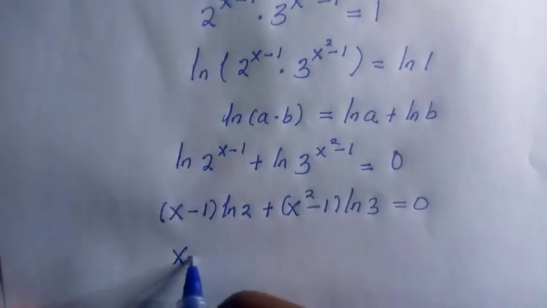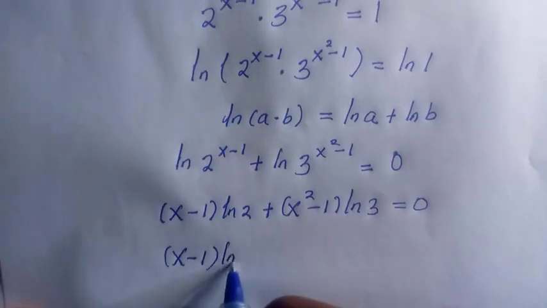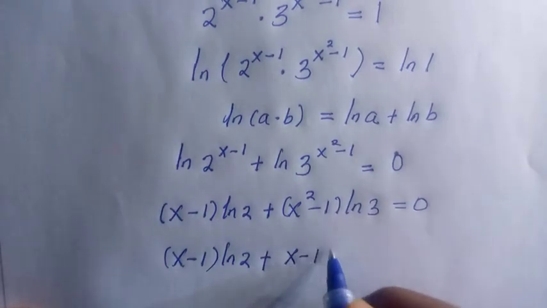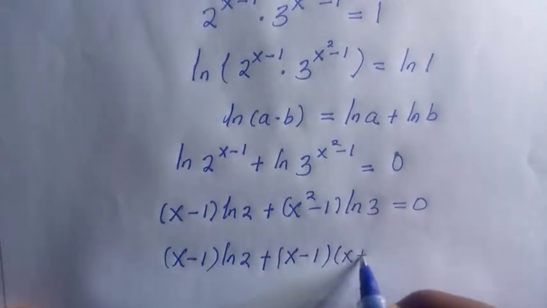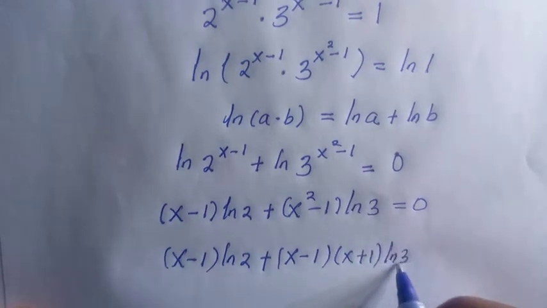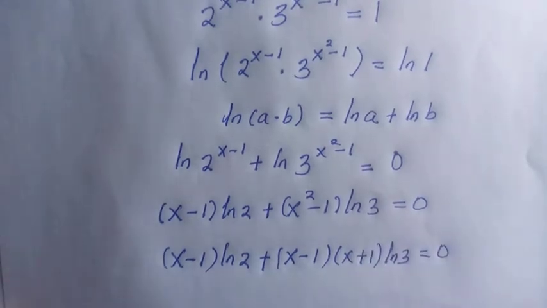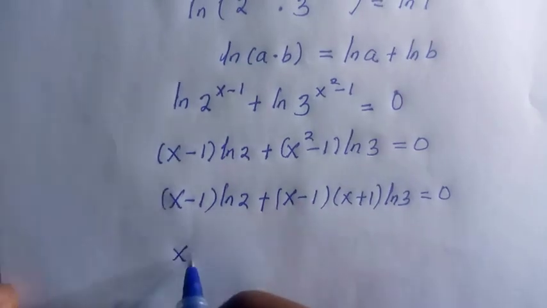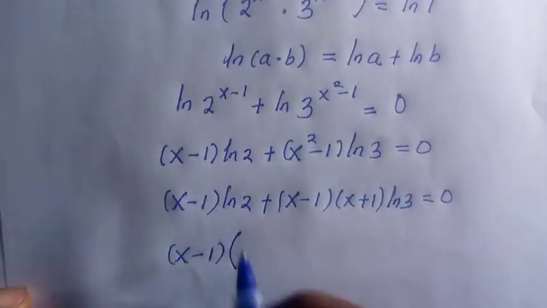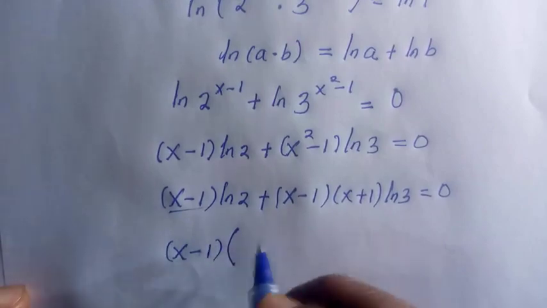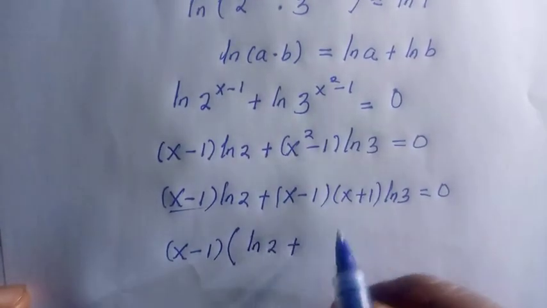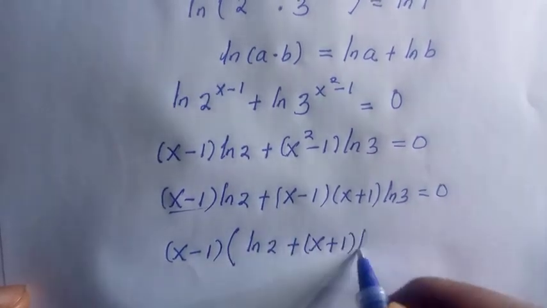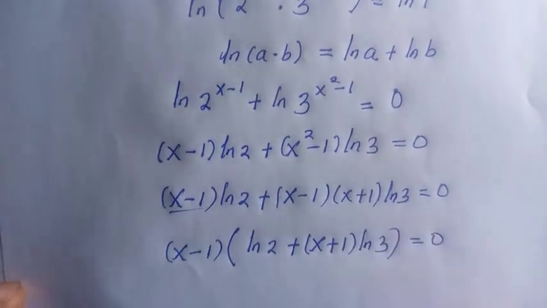What we do next is write x squared minus 1 as a difference of two squares, which is x minus 1 in brackets x plus 1, times ln 3, equals 0. We have x minus 1 common to both terms. By factoring out x minus 1, it remains ln 2 plus x plus 1 ln 3, everything equals 0.